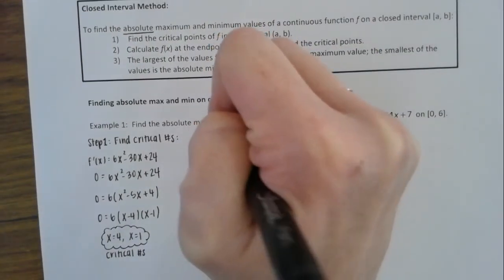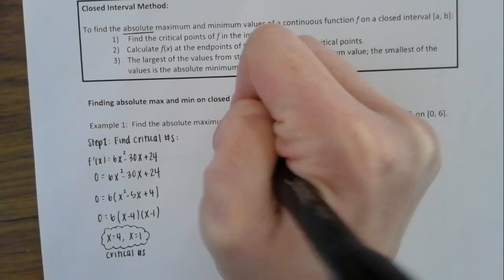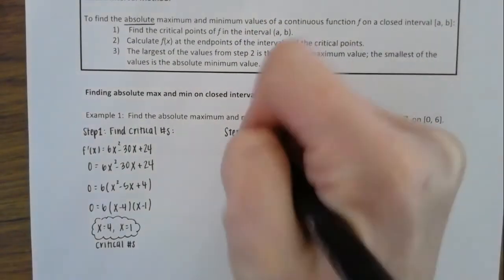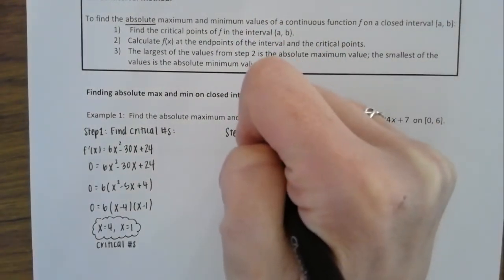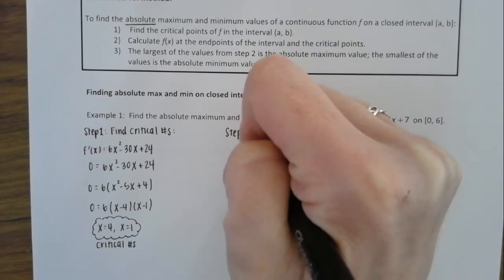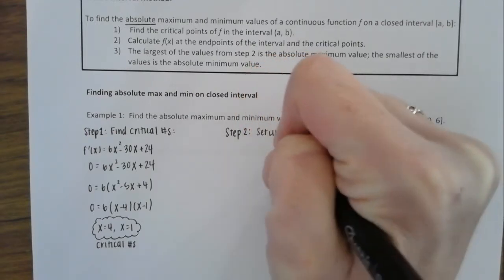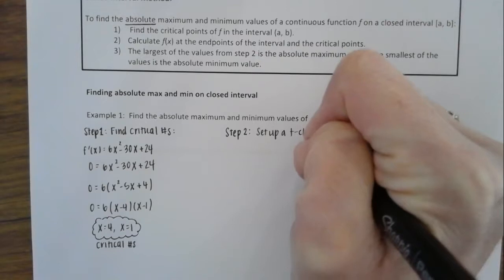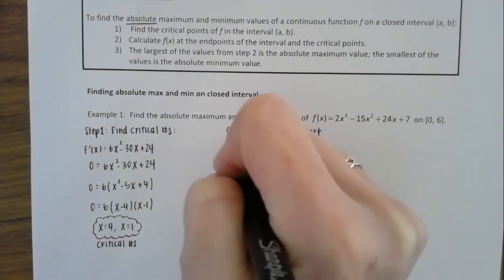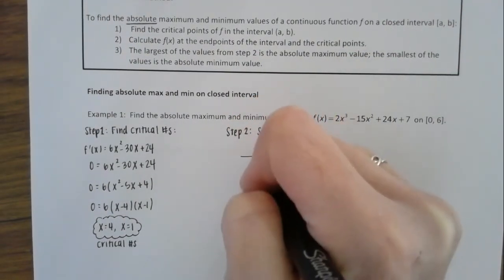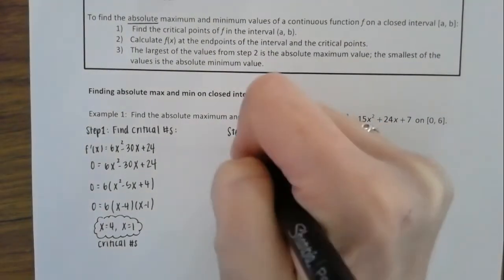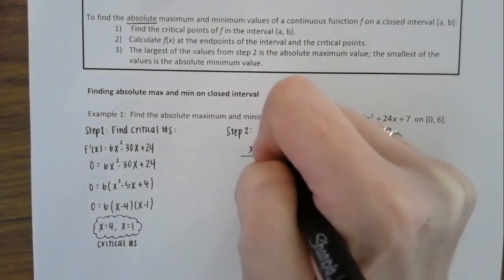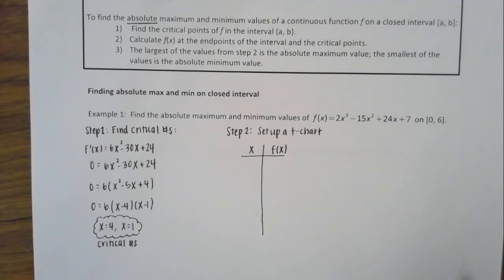What I like doing here is setting up a t-chart to calculate what the f of x values are. It almost looks like a table of values, where I'm going to have the x values on the left-hand side and the f of x values on the right-hand side.